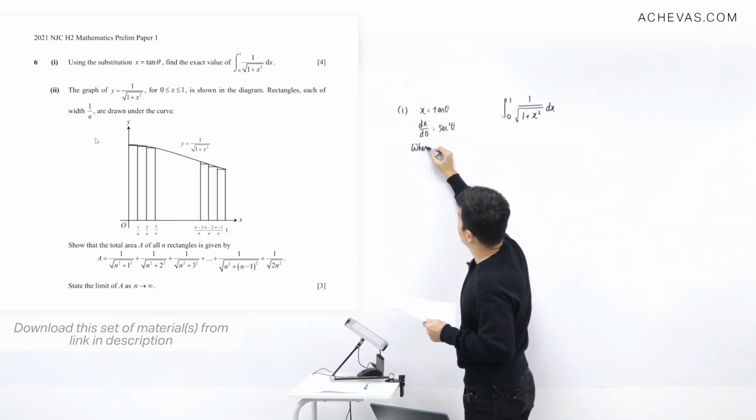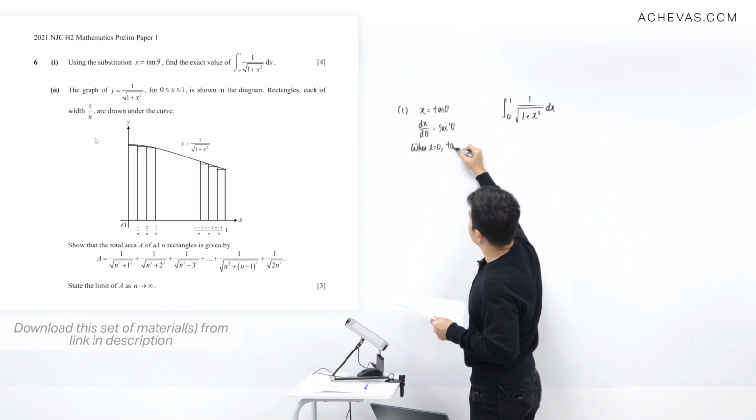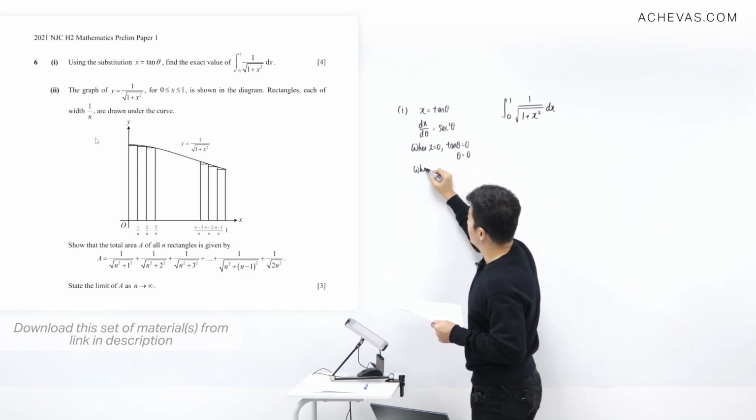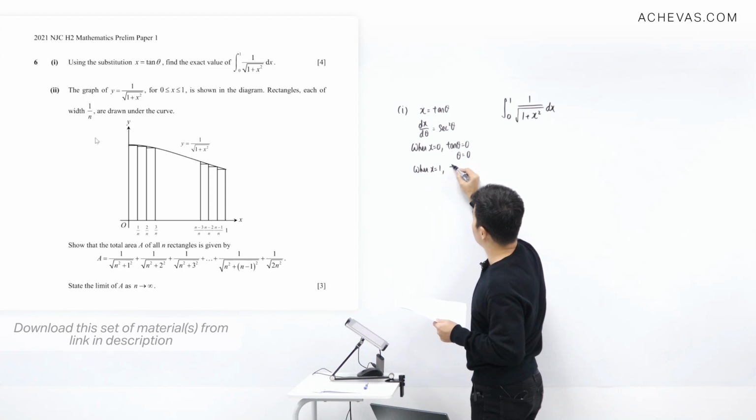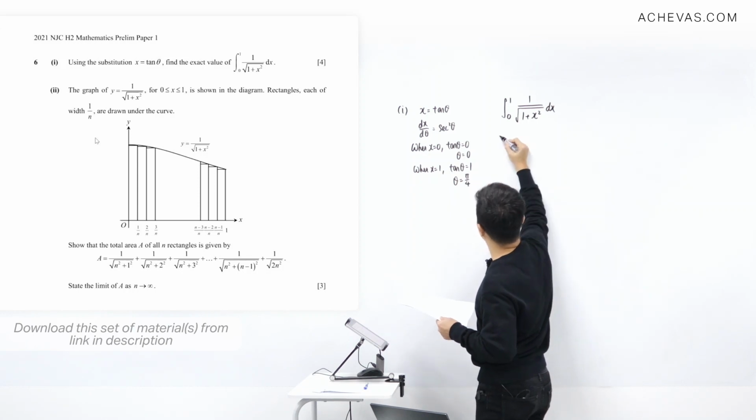So when x is equal to 0, that will mean tangent theta is equal to 0. So theta is going to be equal to 0. And when x is equal to 1, this will mean that tangent theta is going to be equal to 1, which means that theta is going to be equal to pi over 4.